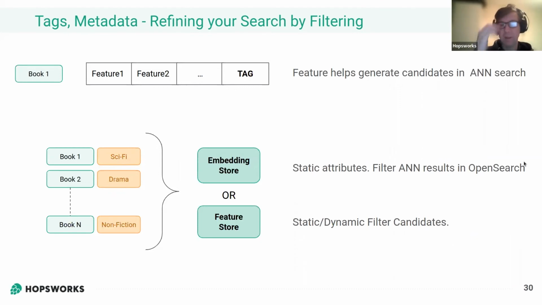Other things you can do is add these tags as features to either your user query or item query, and then when the user presses the button, it'll rerun the recommendation request, but this time with the tag set.